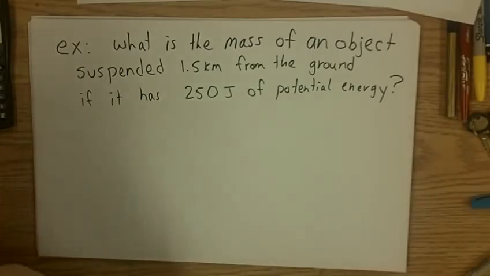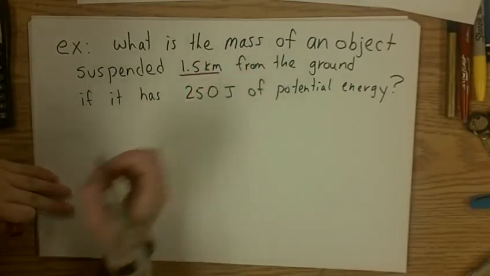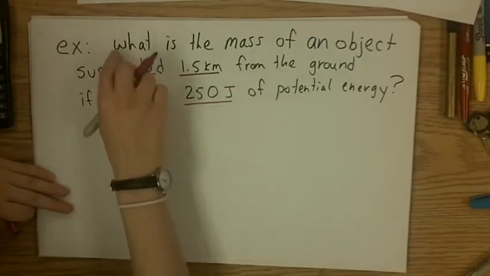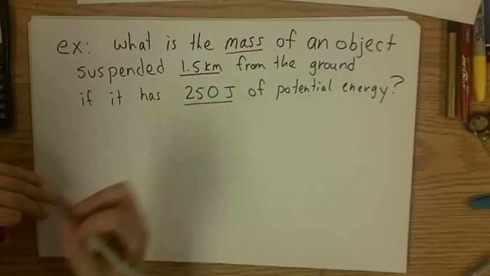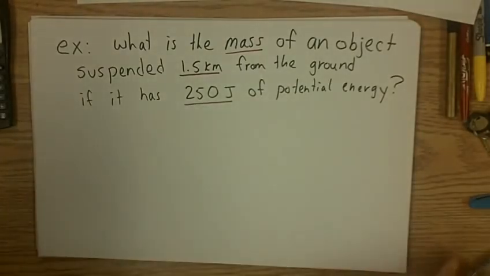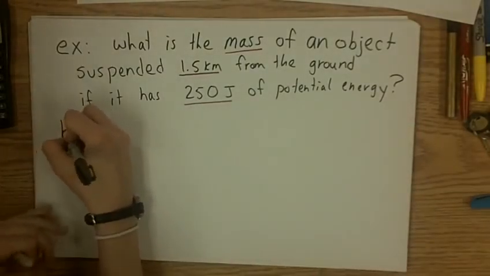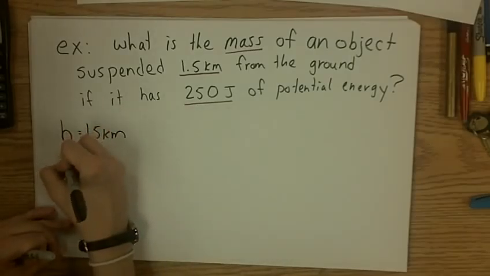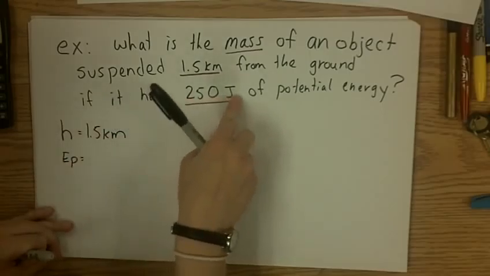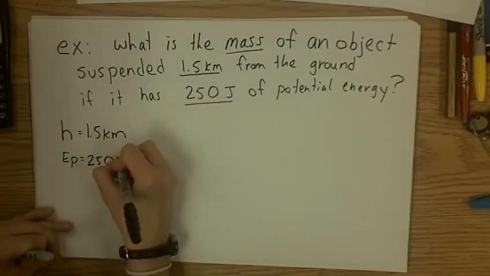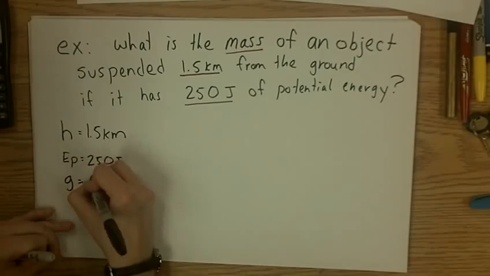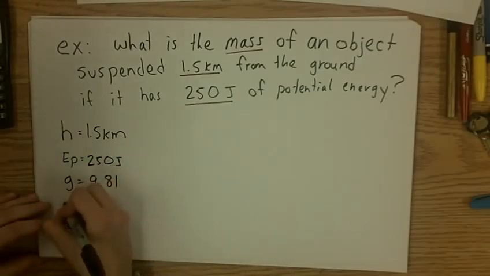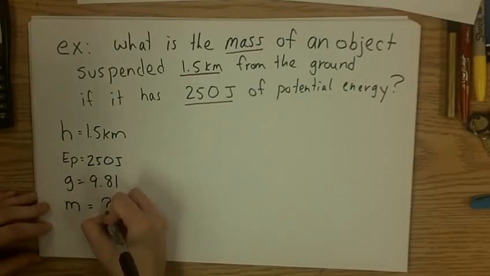The numbers we are given is 1.5 kilometers, 250 joules, and we want to find what is the mass. So H is 1.5 kilometers. EP is 250 joules. We always know G, so you can always just write that down in your list. And M equals question mark.